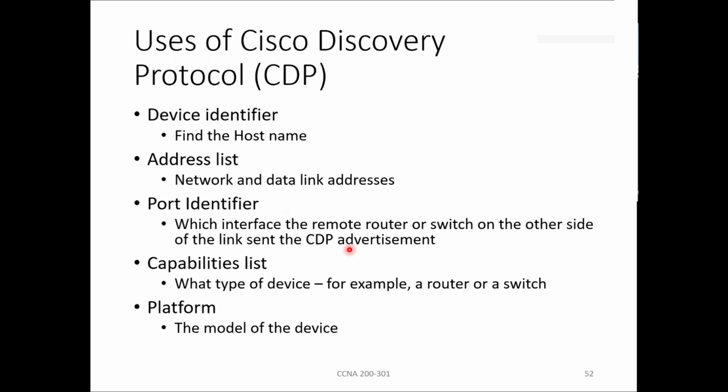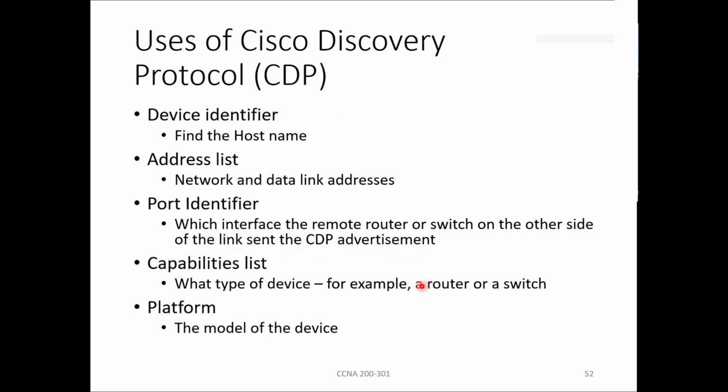Now, another feature we have is called CDP, Cisco Discovery Protocol. CDP is very helpful to find out the device information of directly connected devices. It can provide us the device identifier, the host name, an address list like network and data link address, and the port identifier, which is the interface on the remote router or switch on the other side of the link that sent the CDP advertisement.